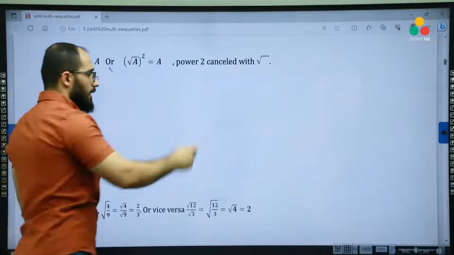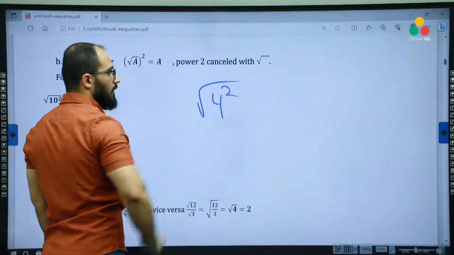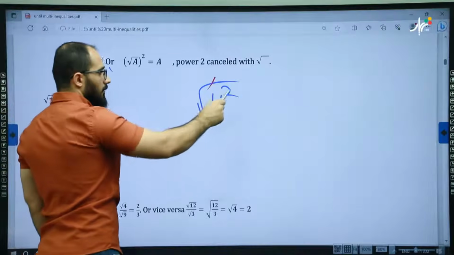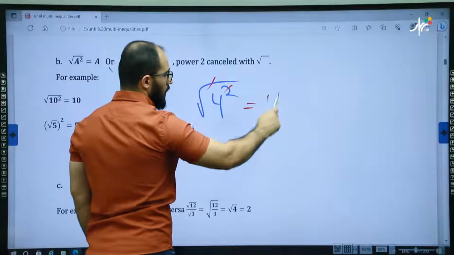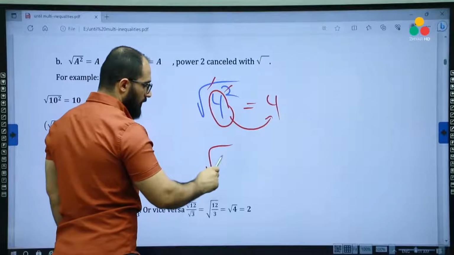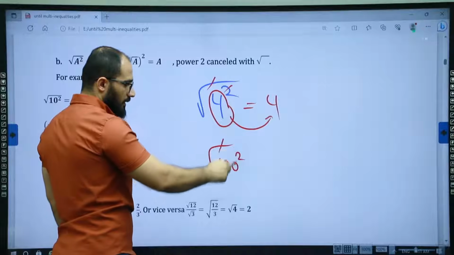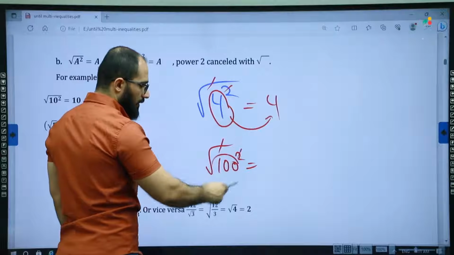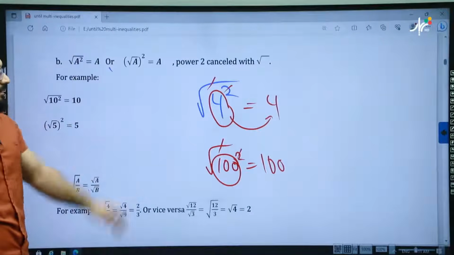It means if you have a square root of a number to the power 2, then the square root and power 2 cancel, and it is equal to the number. The square root of 100 squared, the square root and the power 2 cancel, then only 100 is left. So this is the rule.